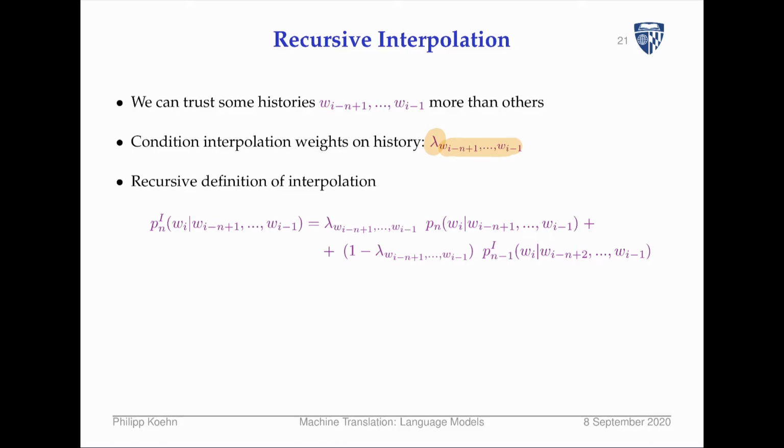Some of these histories we can trust more than others, and we should make the back-off sensitive to that. The big idea is, if I have seen a history many times, then seeing 0 counts probably indicates this is an unlikely event. But if I have seen a history only rarely, then I don't really trust its predictions, so we should back off more frequently. So this lambda should have something to do with the frequency of that history. Let's go into that in more detail later.